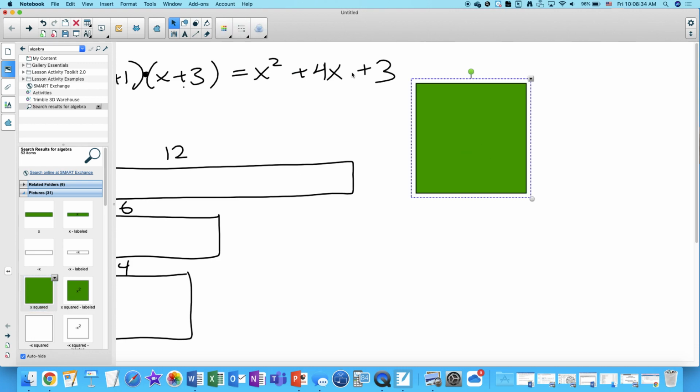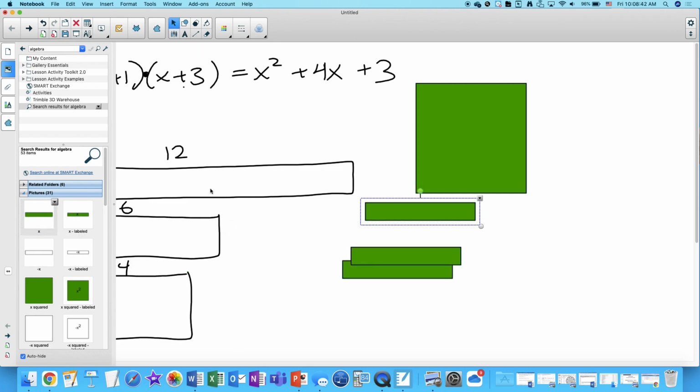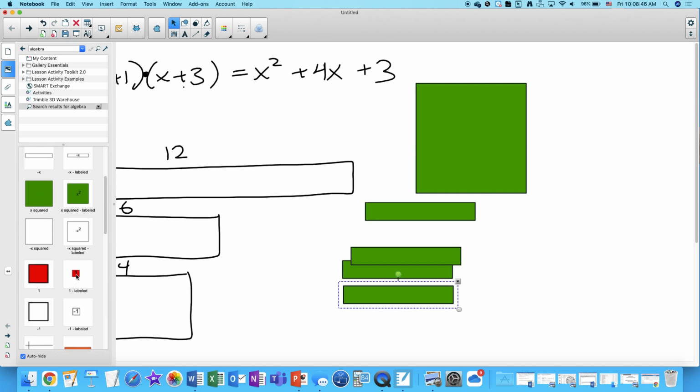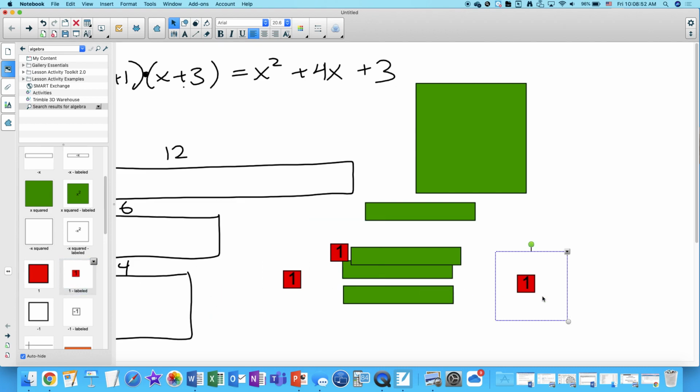We've got 4 x tiles: 1, 2, 3, 4. And we've got 3 ones: 1, 2, 3. And we want to imagine that these are like puzzle pieces. So we've got these puzzle pieces. The shape of the puzzle must be a rectangle.